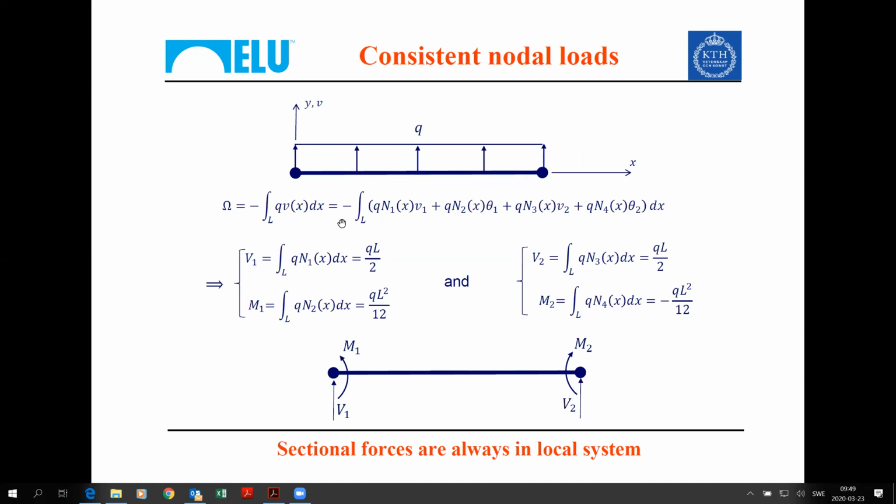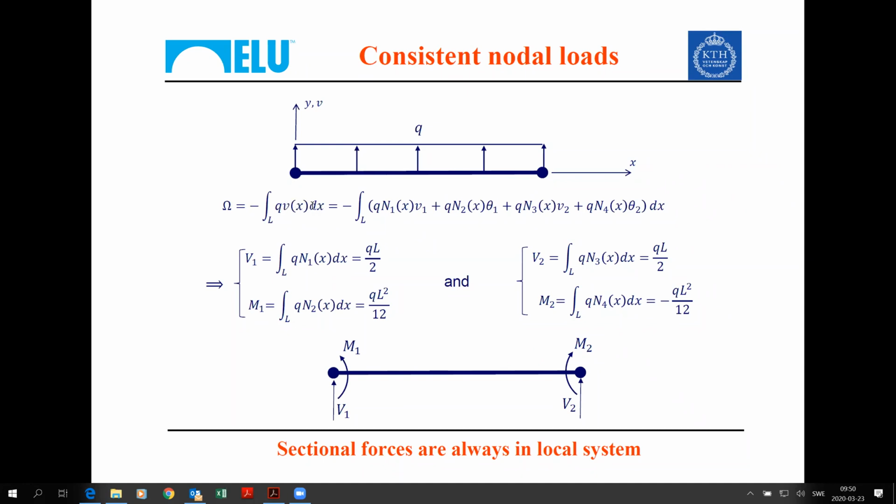I'm sorry, I've skipped this slide. These will come from the potential of external forces, which in this case, assuming Q is directed normally to the beam axis, will be the integral from 0 to L of Q times V of x dx.